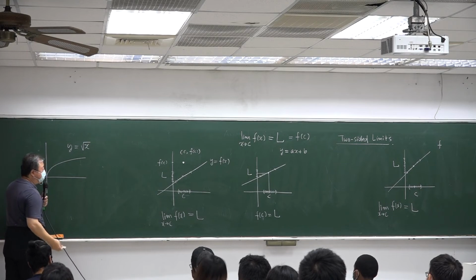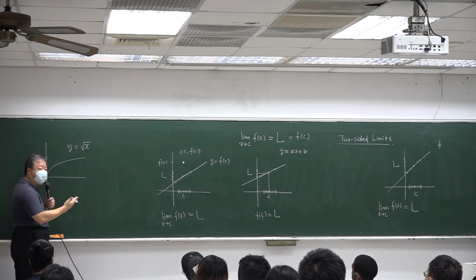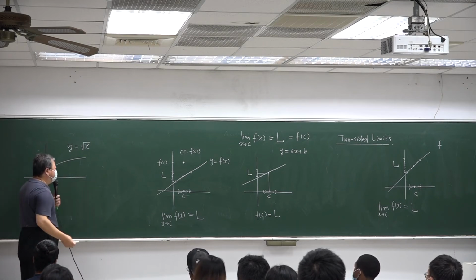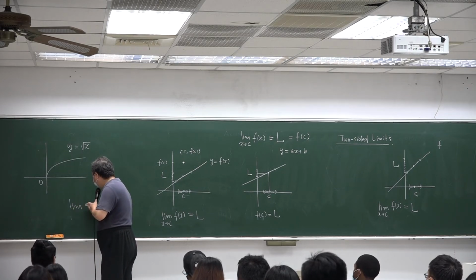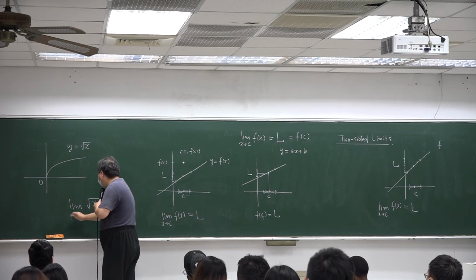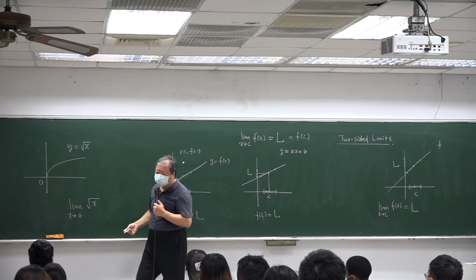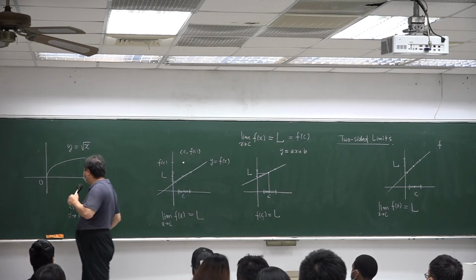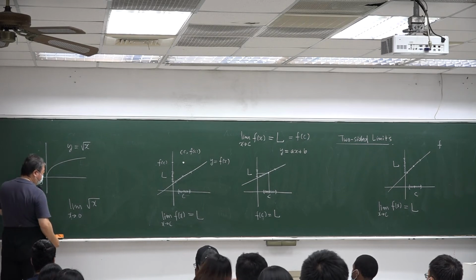In this case, this square root function is only defined for x non-negative. So when we're talking about the limit of the square root of x as x approaches 0, this seems not so proper, not suitable for talking about this issue.